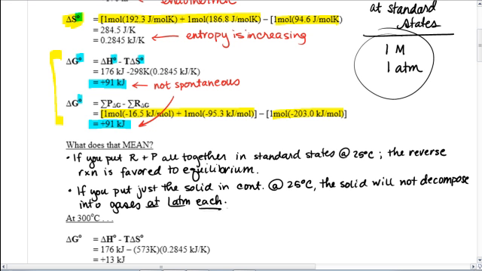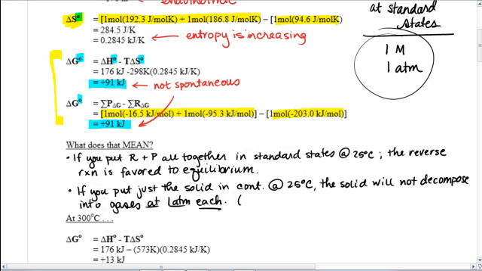That delta G is a delta G value considering standard states. The fact that it's not spontaneous means it is not spontaneous to standard states. So if you just put the solid in there, it will not decompose all the way to 1 atmosphere.